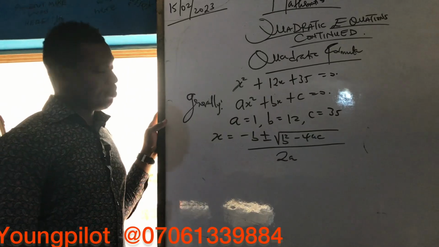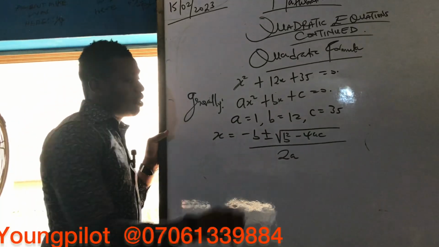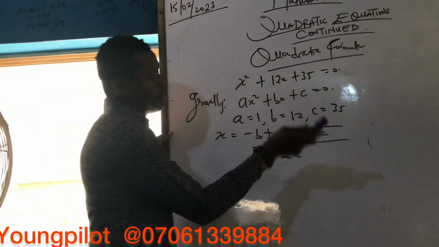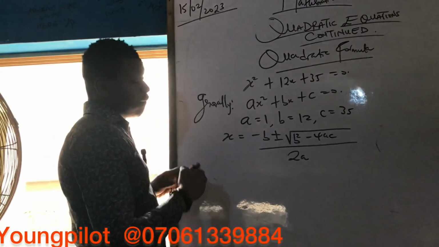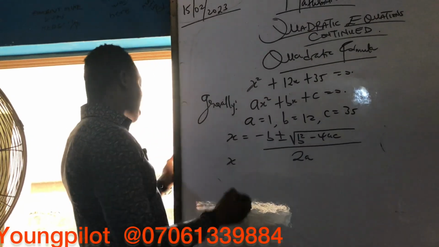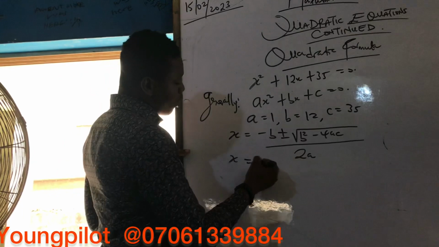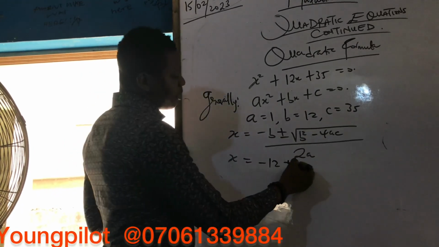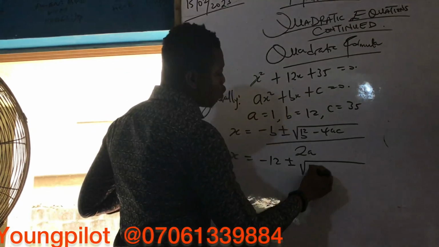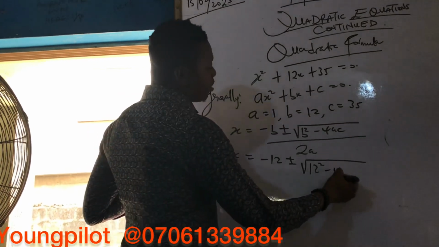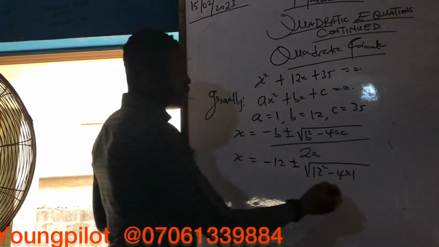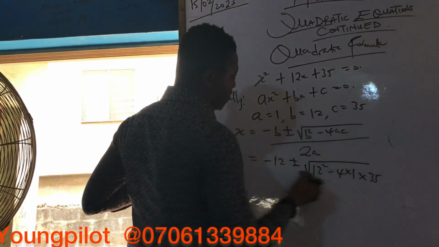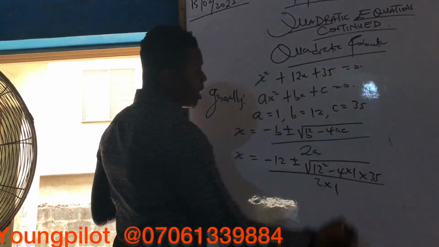Very easy. Now we substitute these values for a, b, and c into this formula, and we simplify it to get our answer. So x will be equal to minus 12 plus or minus square root of 12 squared minus 4 times 1 for a times 35, all divided by 2 times 1.